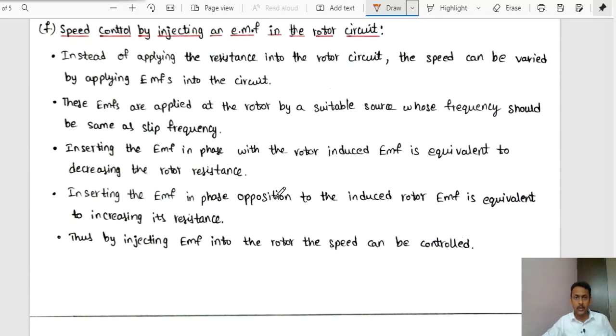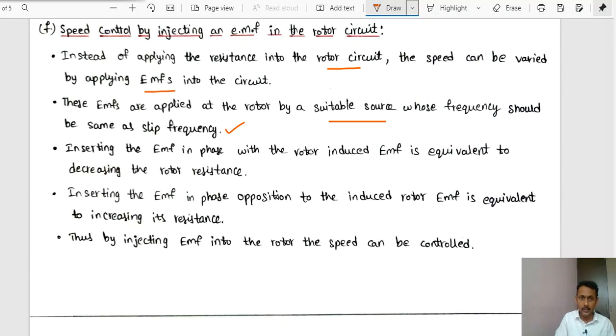And yeah, one more thing is left out: controlling by injecting the EMF in the rotor circuit. By injecting some EMF in the rotor circuit, we can also change the speed. Instead of applying resistance in the rotor circuit, this can be achieved by applying the EMF into the rotor circuit. Here the EMFs are applied by using a suitable source, and one more key point is that the applied voltage frequency should be the same as the slip frequency.